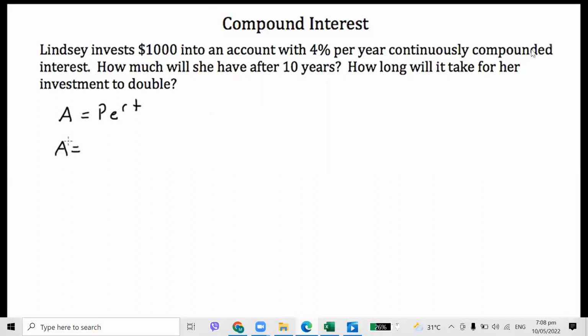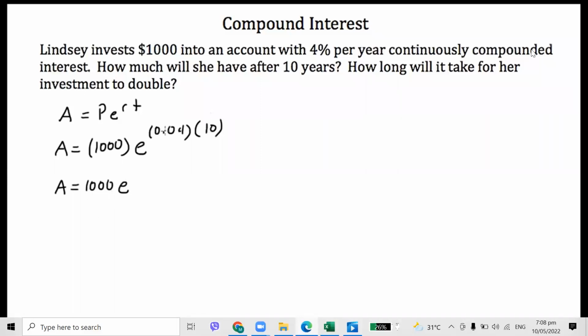So our future value A is equal to our principal or our initial investment of 1,000, which is P, times e. e is our natural constant. It's equal to about 2.718 to the power of r, so 0.04, 4% in decimal form, times t, which is time, so 10 years. So we have A is equal to 1,000 times e.